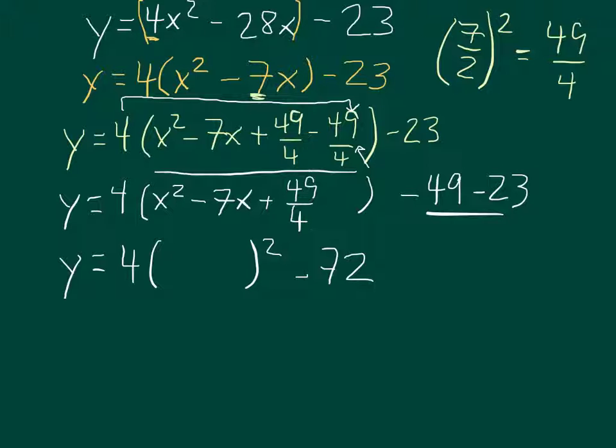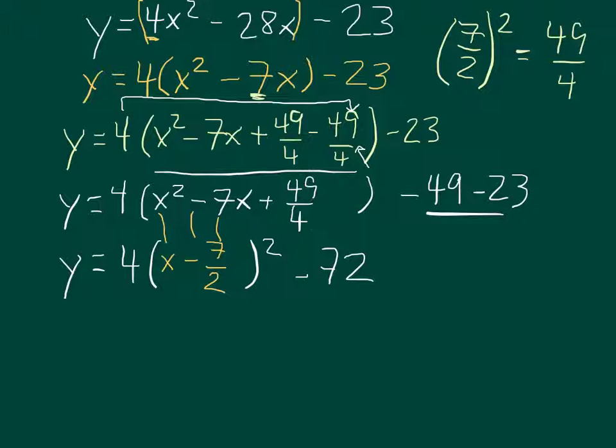The quick sort of cheating way to factor this when we're completing the square, because it's a perfect square, is take the same variable, so x, take the same sign, so minus, take half of that, 7 over 2.